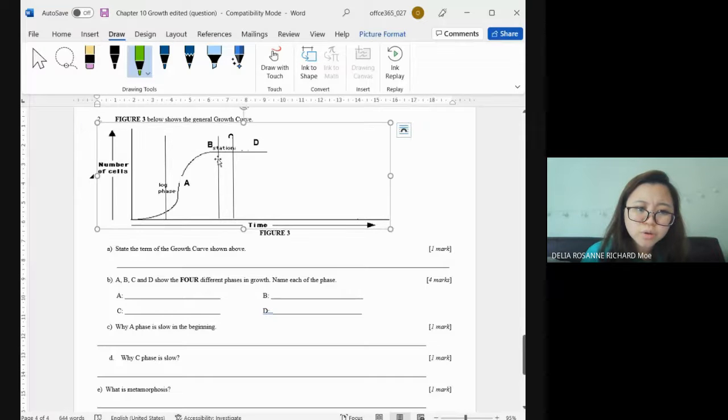Does your diagram look okay? It's just mine that's stupid because I opened it in Word. This one should be here. Okay, this one should look like this.